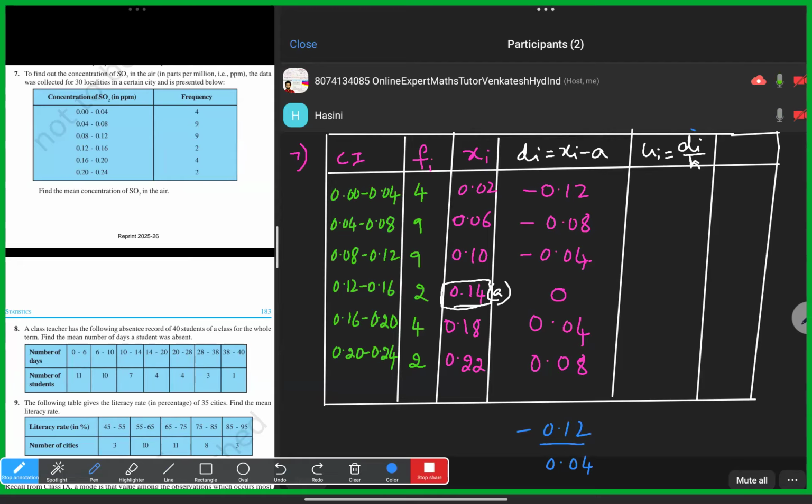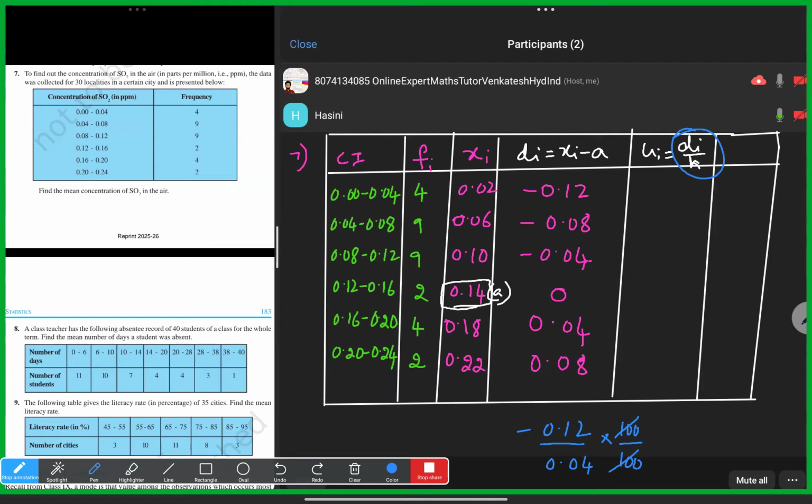Di by h means di is this, h is 0.04. So I am multiplying numerator and denominator by 100. When you do numerator into 100 and denominator into 100, will the value change? No, because you are multiplying by one. 100 by 100 means 1.